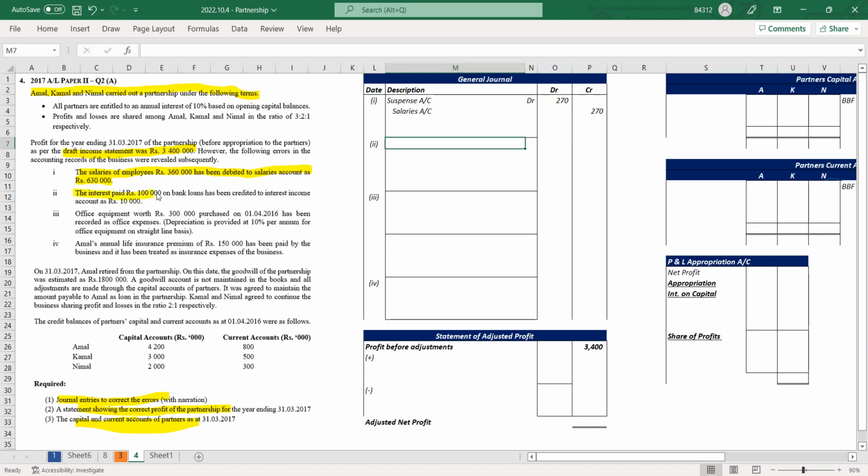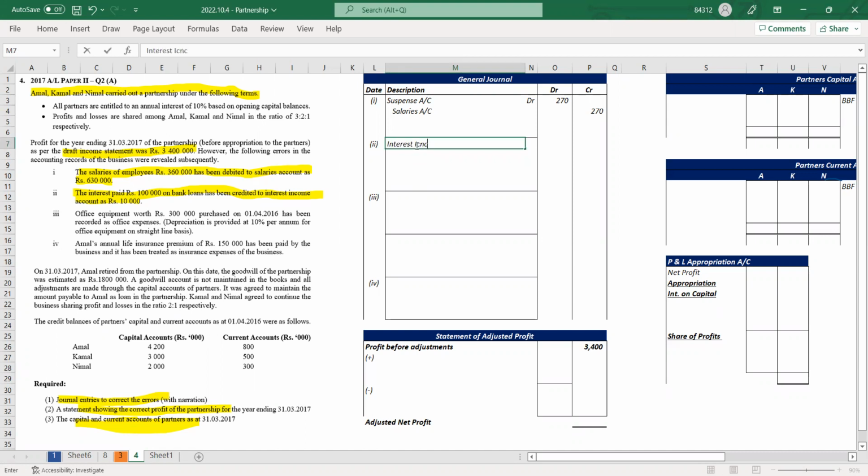Number 2. The interest paid 100,000 on bank loan has been credited to interest income account as 10,000. Interest paid 100,000. Credited to interest income account as 10,000. So this is not interest income. So first we have to remove this from the interest income account.